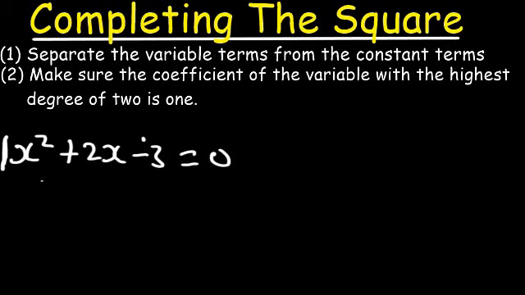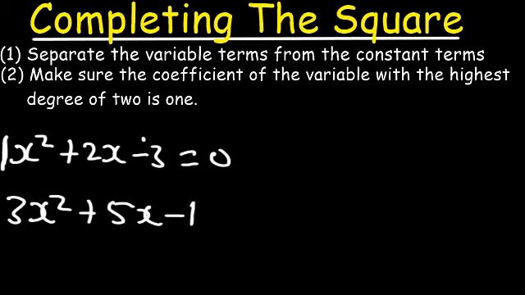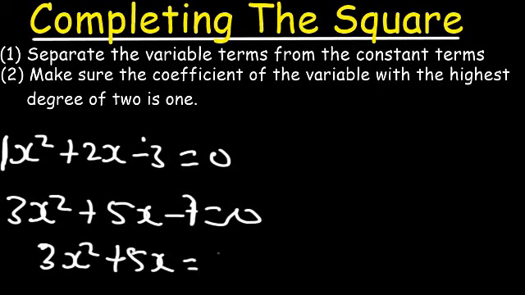In a case whereby it is not 1, let's say you have something like 3x squared plus 5x minus 7 equals 0. After separating the variable terms from the constant term, having 3x squared plus 5x equals 7, you are meant to divide both sides by 3 so as to keep the coefficient of x squared at 1.